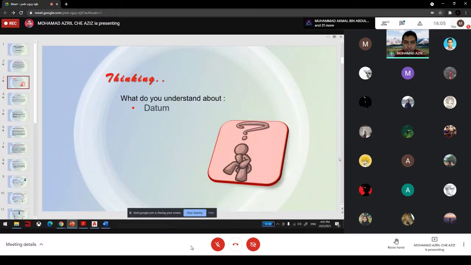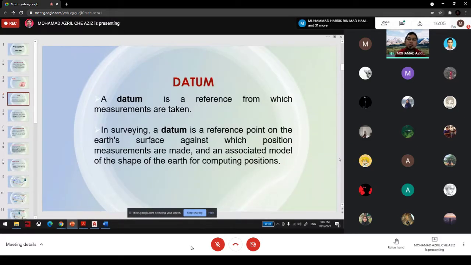Okay, so datum. We look at the definition of datum. Datum is a reference from which measurements are taken. Okay, so that is important. You need to have a reference, you ada rujukan. In surveying, a datum is a reference point on the Earth's surface against which the position measurements are made, and an associated model of the shape of the Earth for computing positions.